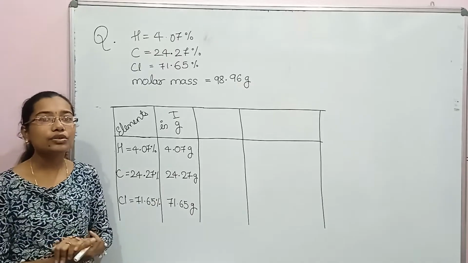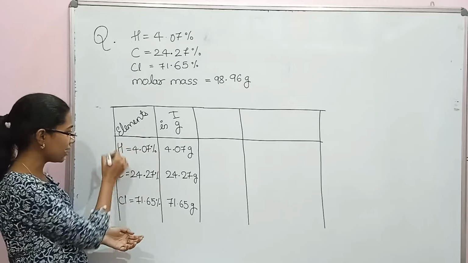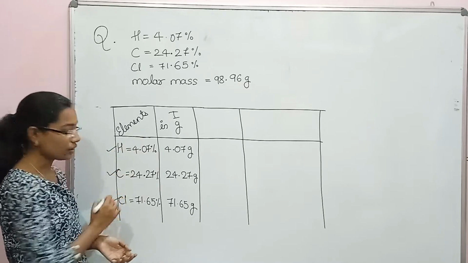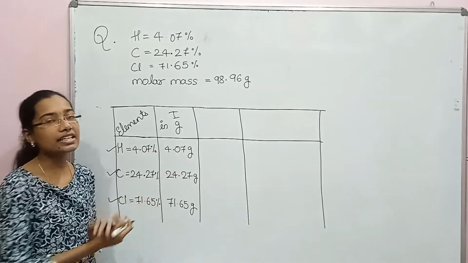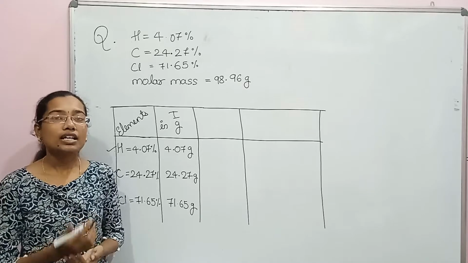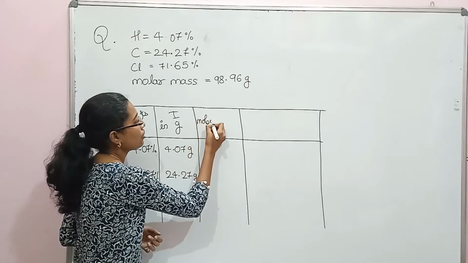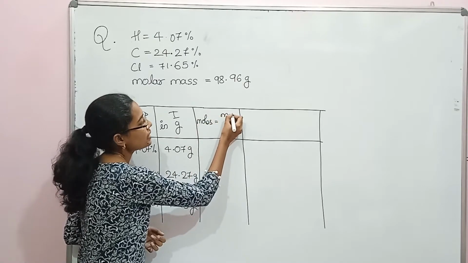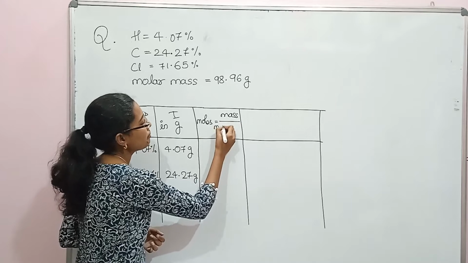Second step, we have to calculate the number of moles of each element, here hydrogen, carbon and chlorine. How to calculate the number of moles? Number of moles is equal to mass of that element divided by molar mass.